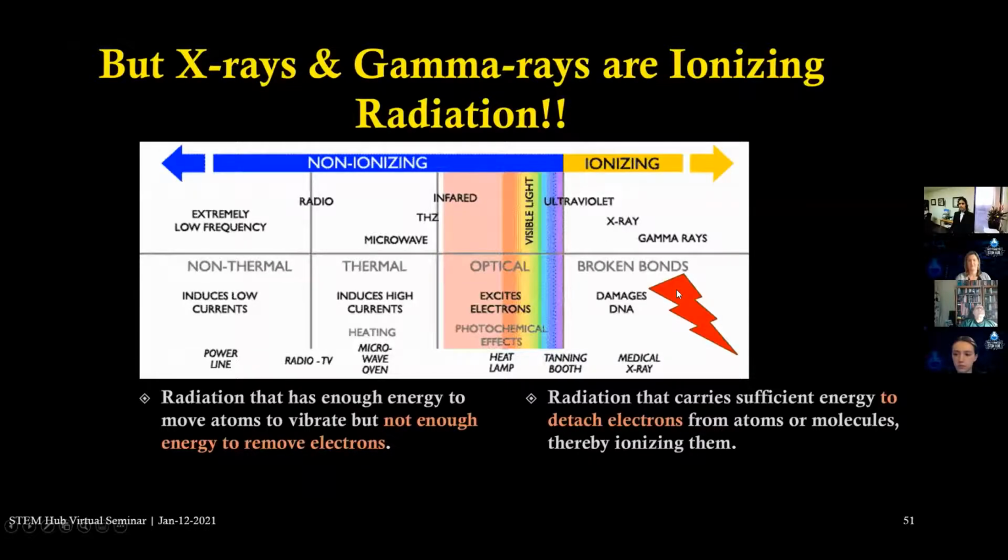So ionizing radiation can break bonds and damage your DNA. So it's not something that should be used frequently. Only when there is necessity, then you have to use it, especially for pediatrics.